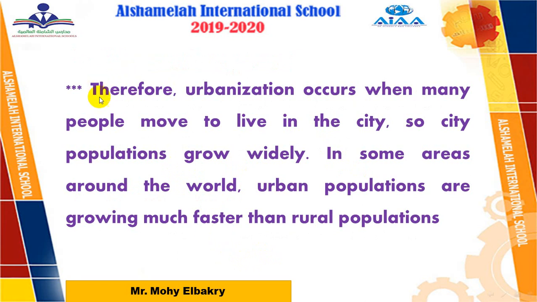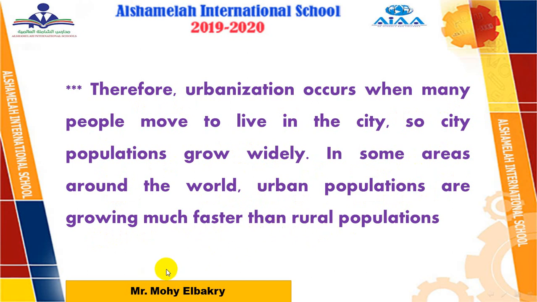Finally, urbanization occurs or happens when many people move to live in the city, so the city population grows widely. In some areas around the world, urban populations are growing much faster than rural population. Why?